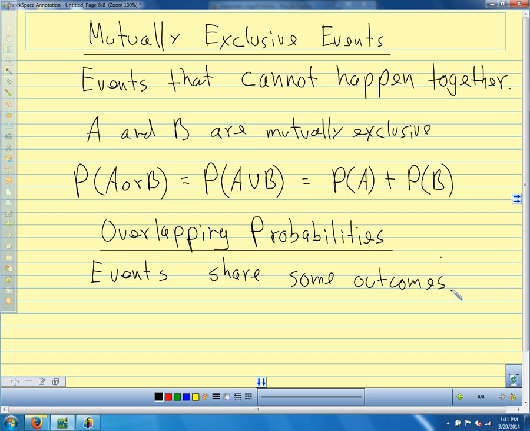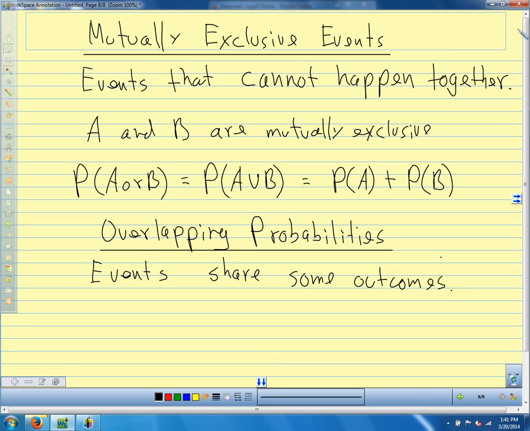So an overlapping probability would be the probability of drawing a red card or a king. Some red cards are also kings. So they have overlapping outcomes. They share some outcomes.